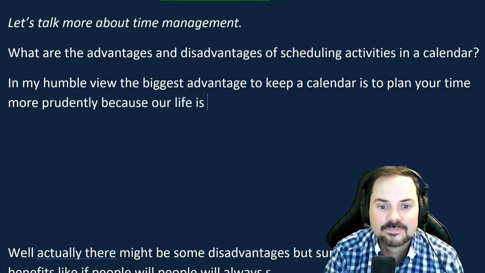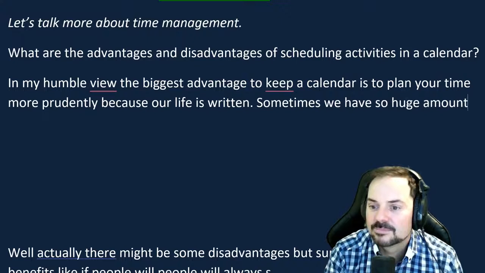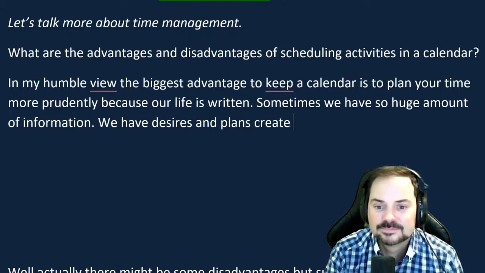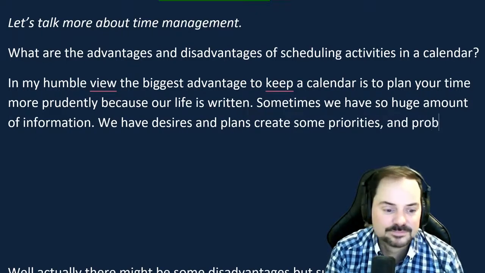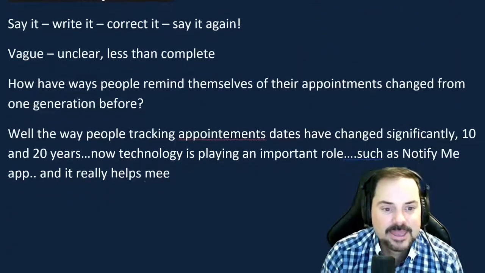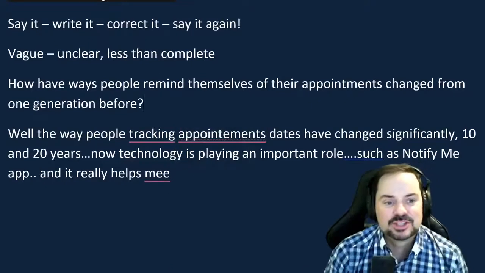We have such a huge amount of information and deadlines and plans and obligations and desires, which we have to organize, create some priorities, and probably find the most important points, and sometimes choose the important one over the urgent one, or vice versa, depending on the situation. Without that, I think it is quite difficult.